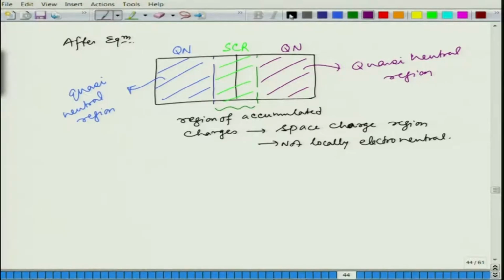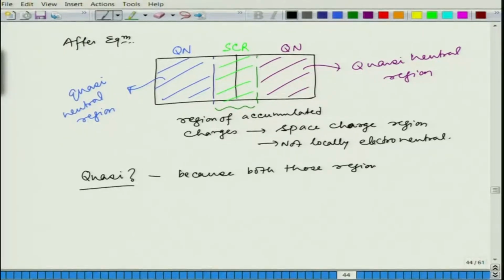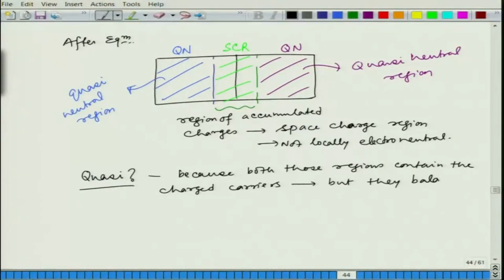And why do you call it quasi neutral? Why not neutral? Why quasi? Because both those regions contain charged carriers, but they balance each other.